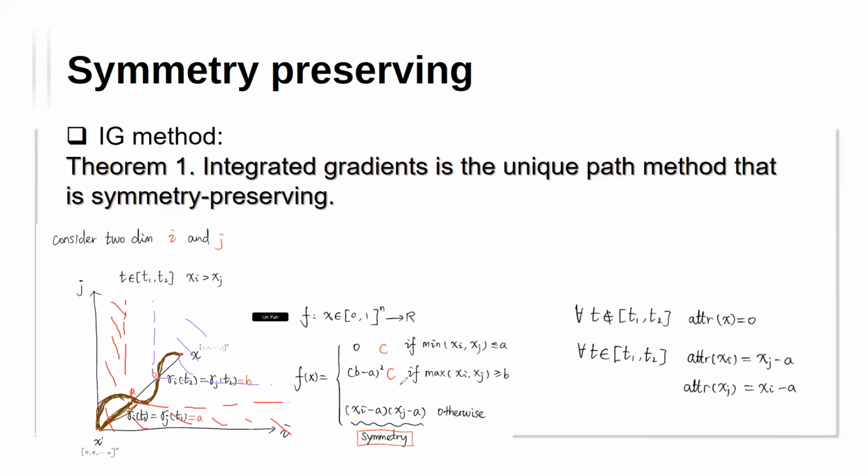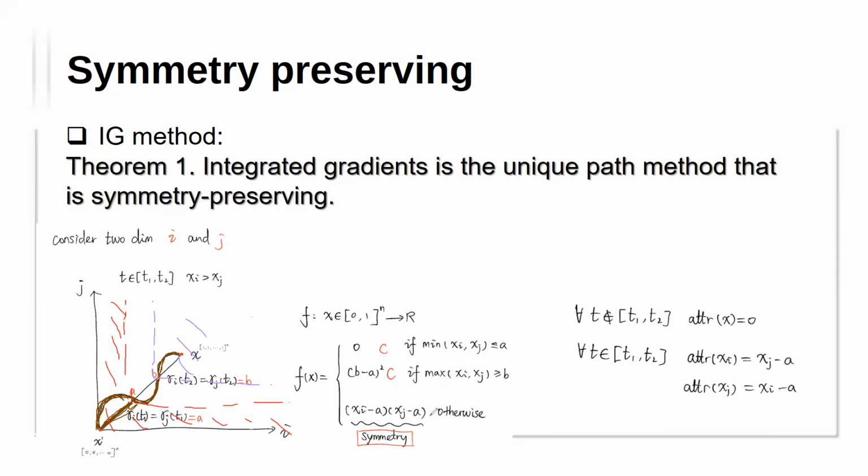So in those two areas, because the output is a constant, the attribution should be 0. And if xi and xj both fall in the range from a to b, then the output f is (xi minus a) times (xj minus a).